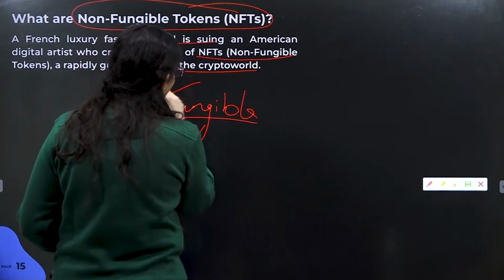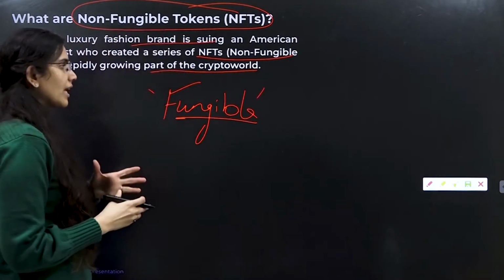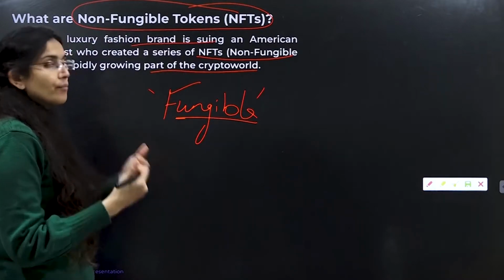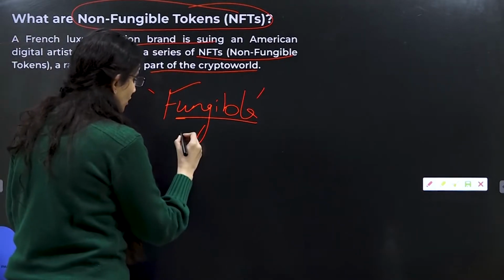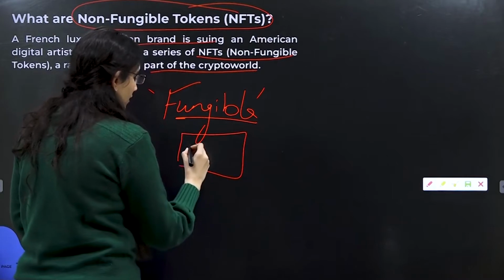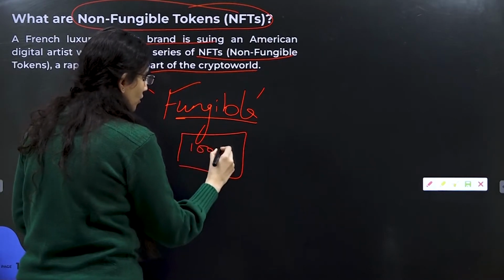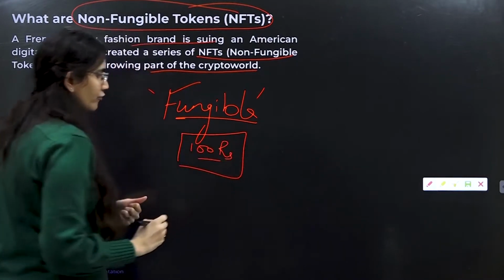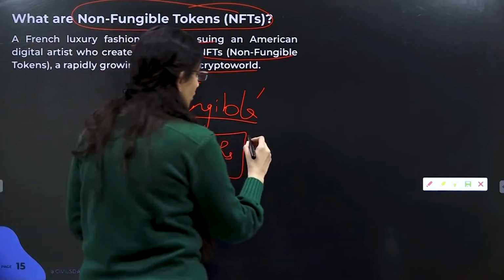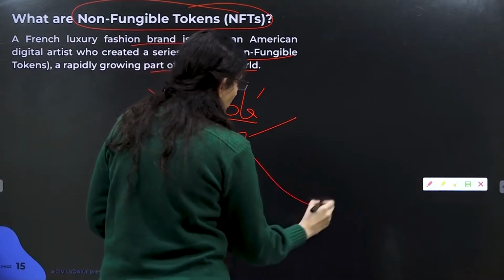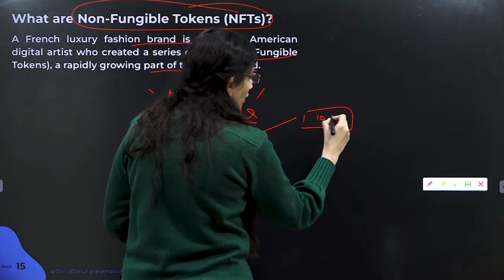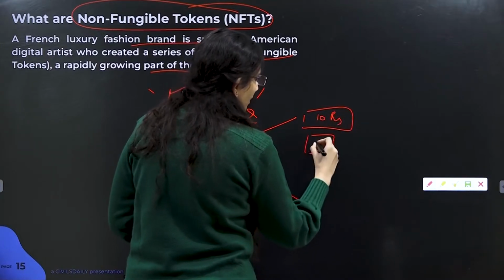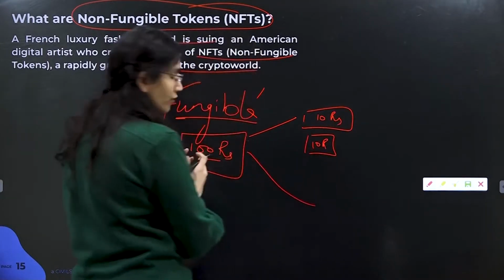The term fungible actually means that something can be exchanged or broken down. Like you've got say 100 rupees of currency. Now this currency can be broken down into 10 rupee notes, right? You can have 10 notes of equal value.